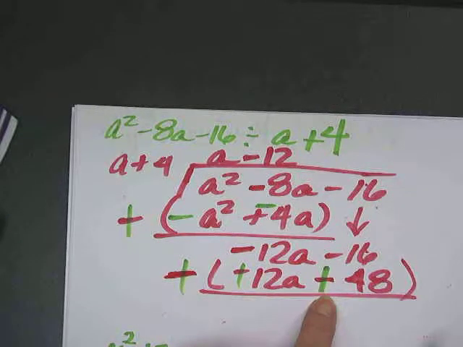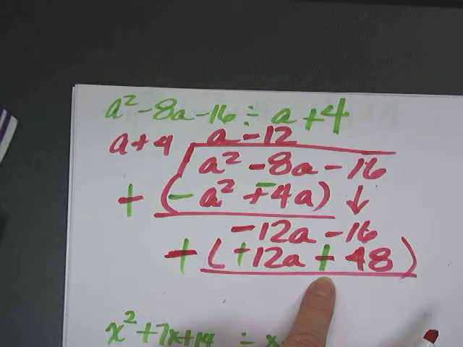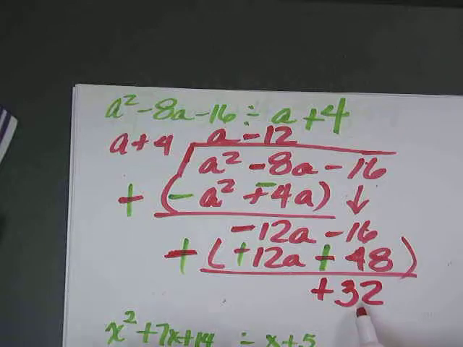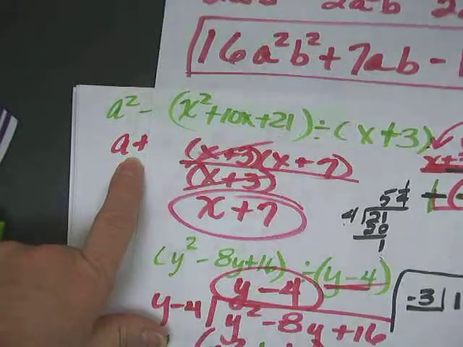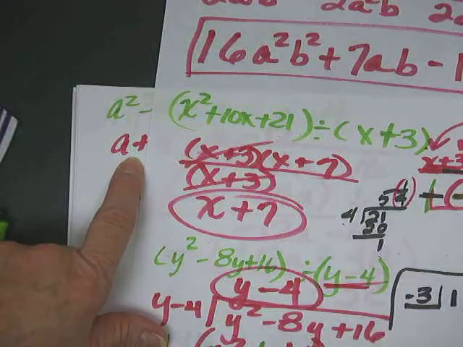You brought it down, you said, what do you need to do this? Negative 12. Negative 12a is negative 12a. Negative 12 times 4, negative 48. Then we have to subtract, so that's when it came into changing the signs. Okay. Yeah, I should have brought it down right away.